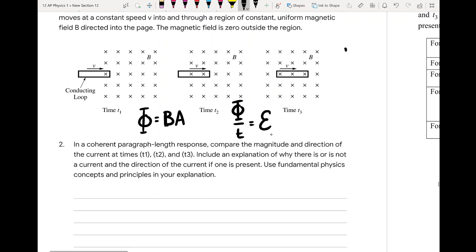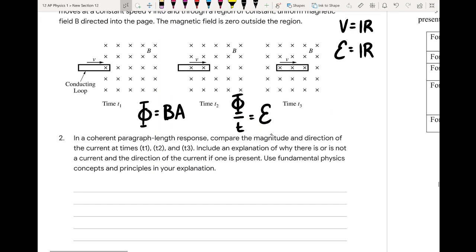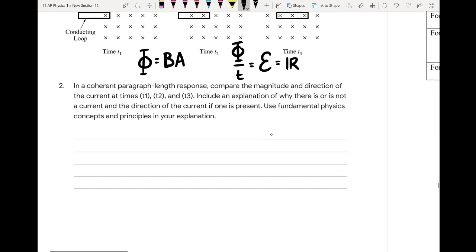And we also know that this EMF is just another way of saying voltage, just coming from a different spot, and it is equal to I times R based on Ohm's law. So my change in flux over time is equal to this EMF, which is also equal to I times R. That's what I'm starting with.